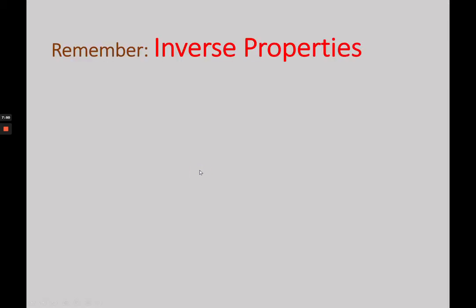Next, before we solve the base e equations and natural logarithm equations, remember the inverse properties that we need when we solve. Same as normal logs, logarithm base e of e is actually the same as ln of e, which are both equal to 1.